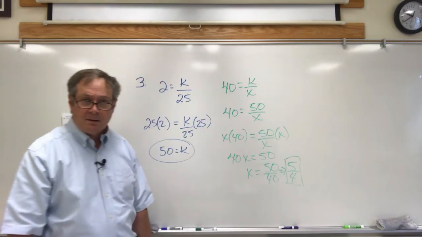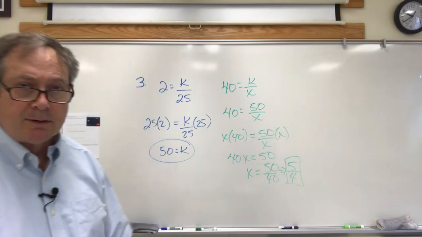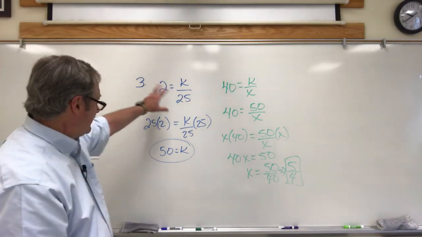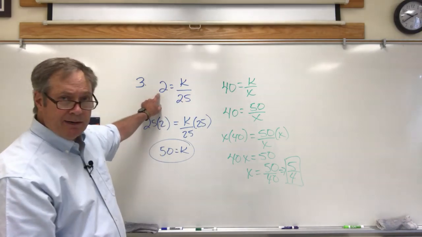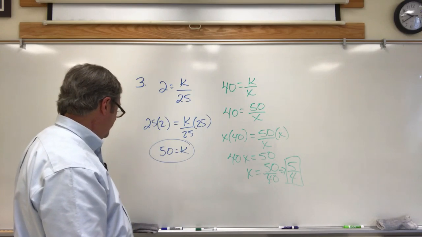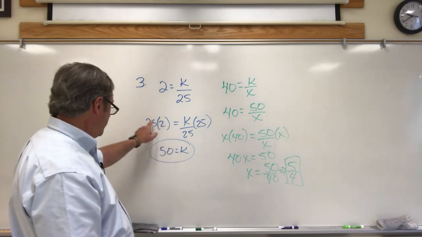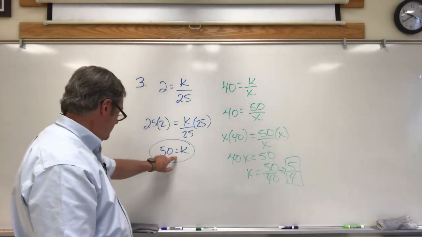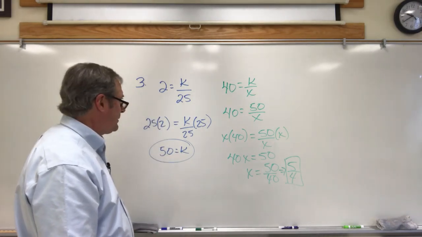All right, students, we're back to number 3. And we've got inverse variation, but they give us the y value to begin with, and we're solving for k here. We get k is equal to 50. We multiply both sides by 25. 25 times 2 is 50.